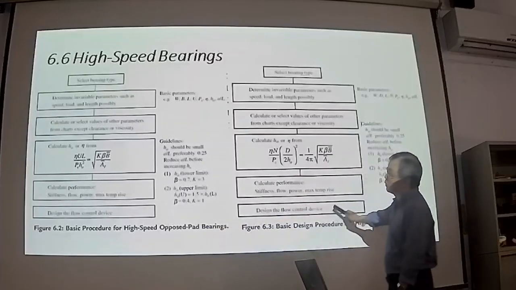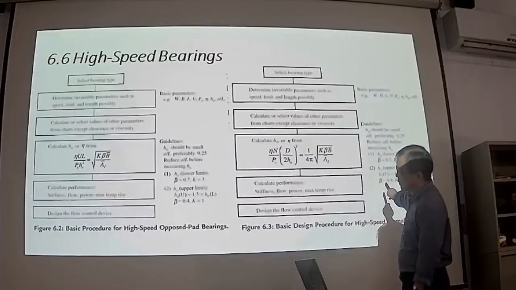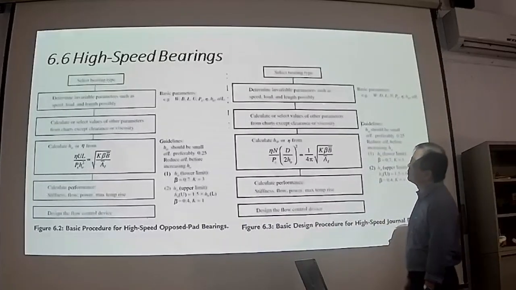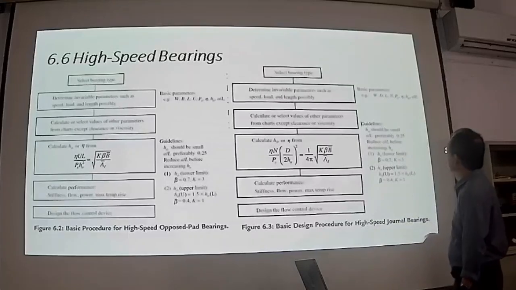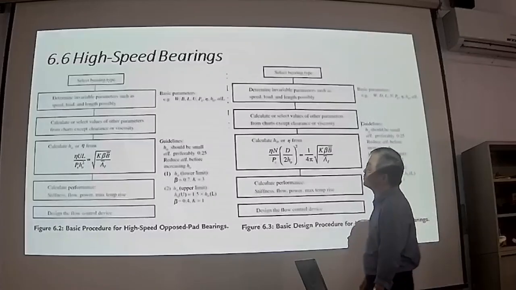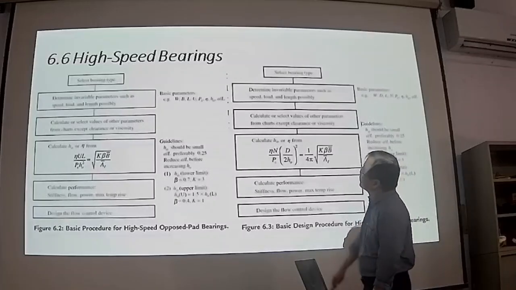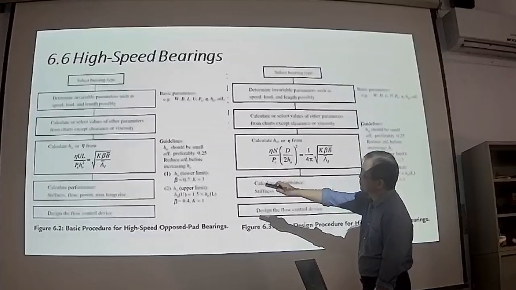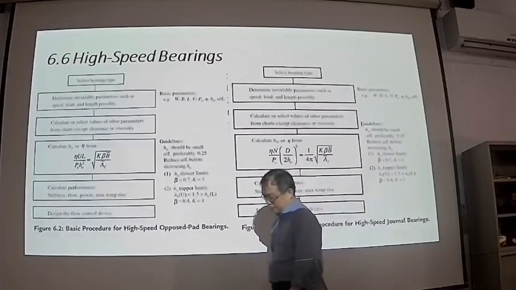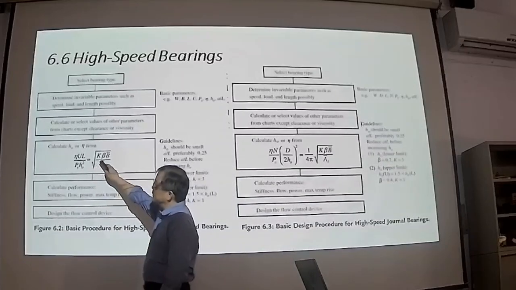This one, the right hand side, is for the journal bearing. It's more or less the same, but we have a slightly different calculation for the film thickness.